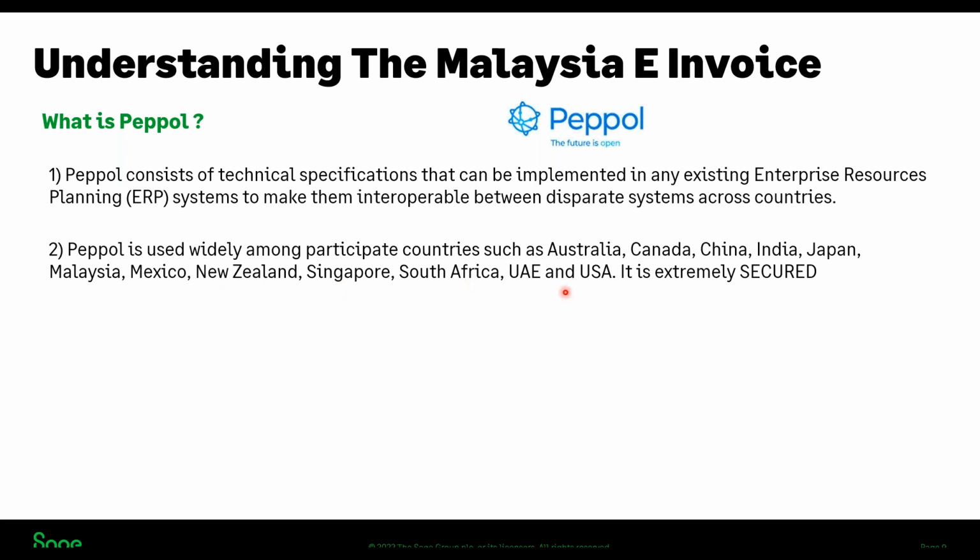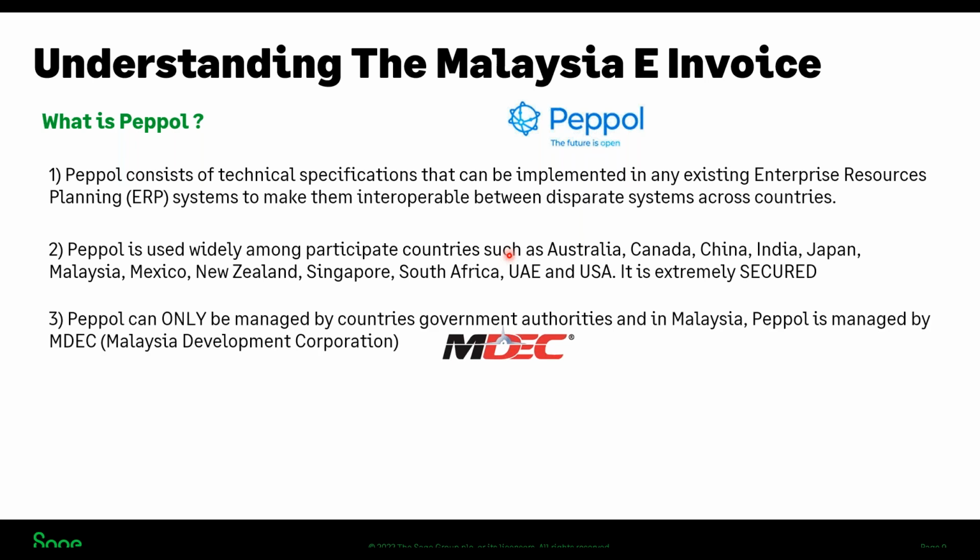And it is extremely secure. Imagine if this were not secure, countries like China, Japan, India, even Singapore or the USA, who are very particular about security, would not adopt this PEPPOL technology. PEPPOL can only be managed by countries' government authorities, and in Malaysia, PEPPOL is managed by MDEC, our Malaysia Digital Economy Corporation.